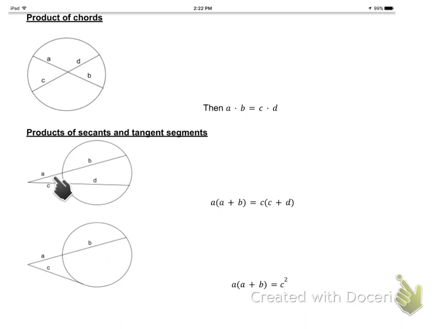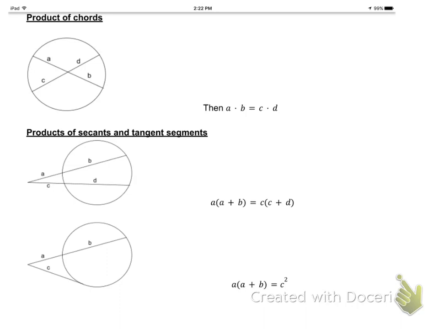A times A plus B will equal C times C plus D. Outside times the whole length equals the outside times the whole length.